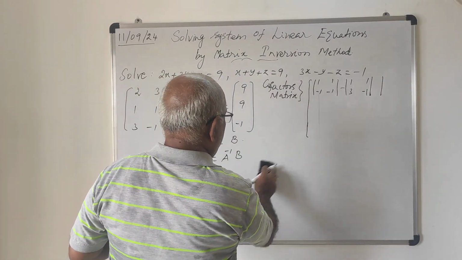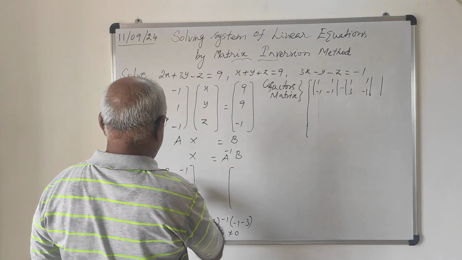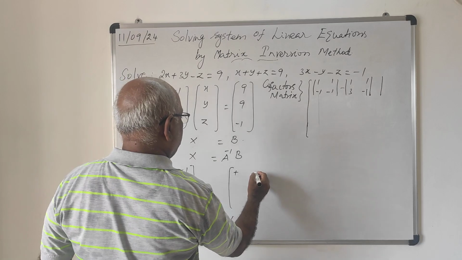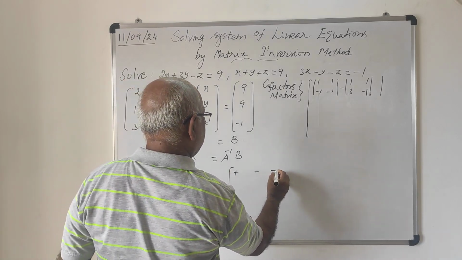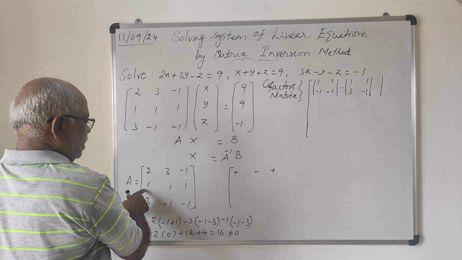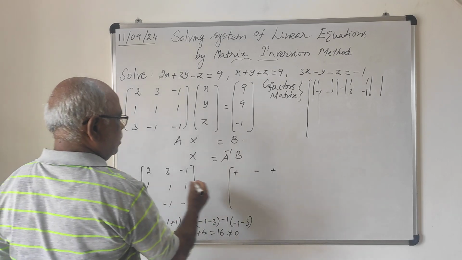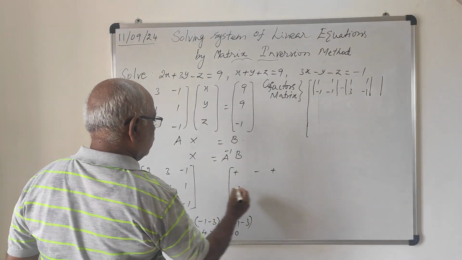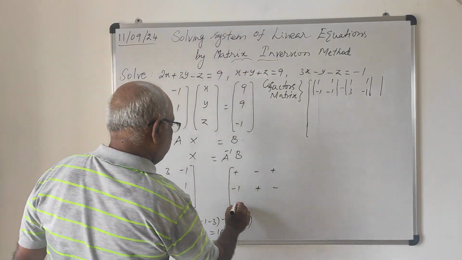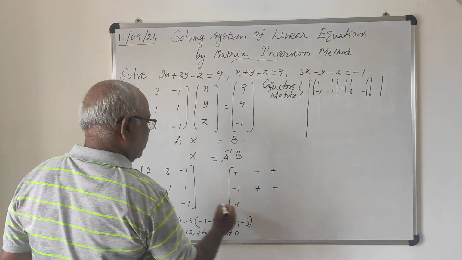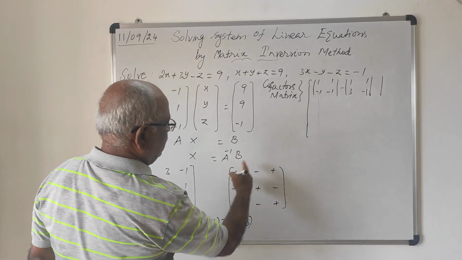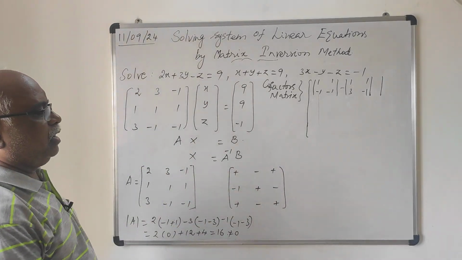For finding the cofactors, the cofactor of 2 is plus, of 3 is minus, of -1 is plus. Second row: A21 is minus, A22 plus, A23 minus. Third row: A31 plus, A32 minus, A33 plus. These are the symbols for the corresponding cofactors.